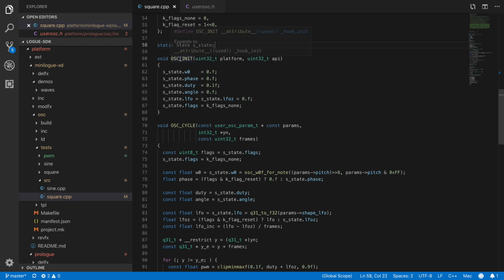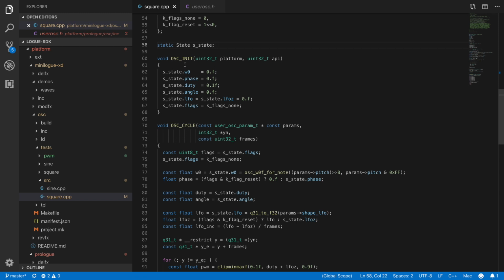The oscillator init callback is getting called when I load the waveform. It gets 2 parameters. One is the version of the platform, and one is the version of the API. And when we will be handling different versions of the platforms and the APIs, this is going to be important. Right now, that just doesn't matter.